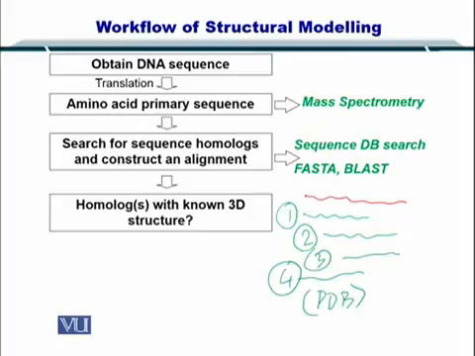So let's say all 4 of these sequences had a protein structure for them in the PDB. In that case, you are in a good position to perform homology modeling because the 3D structure of all these proteins is known, right?